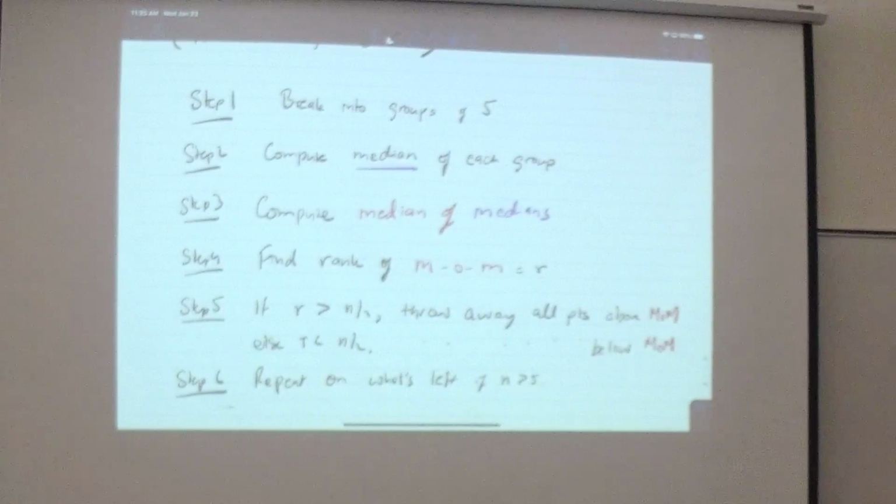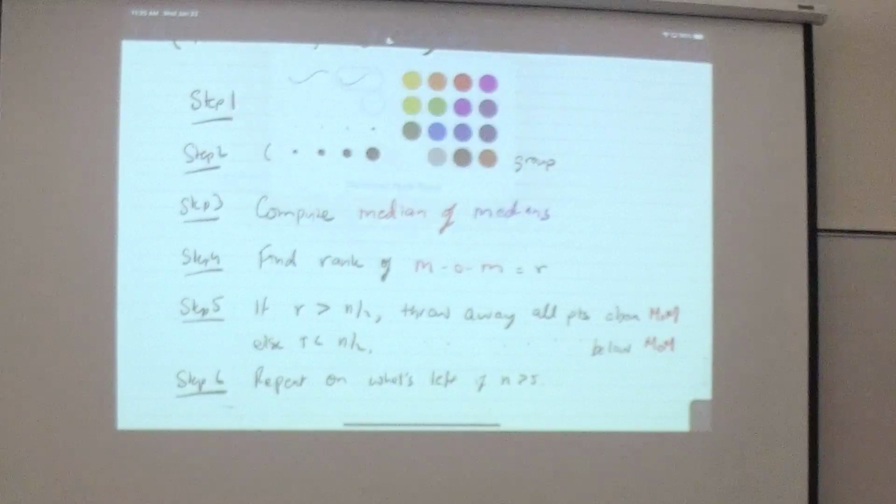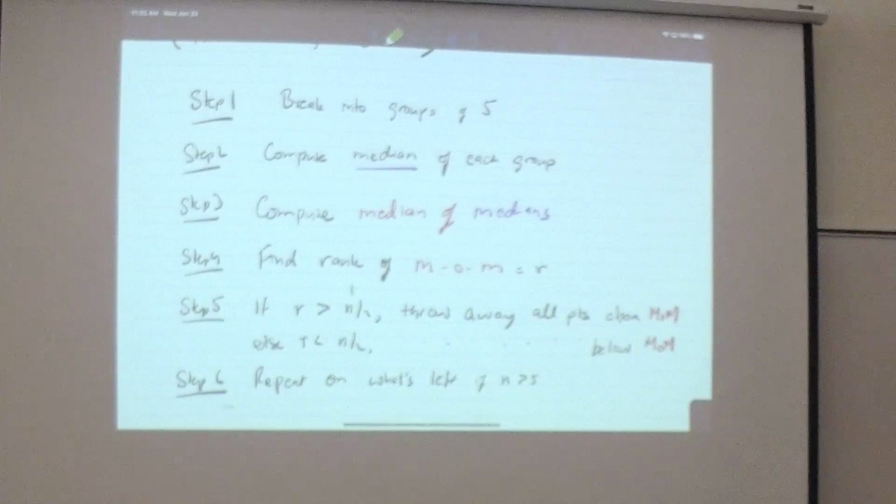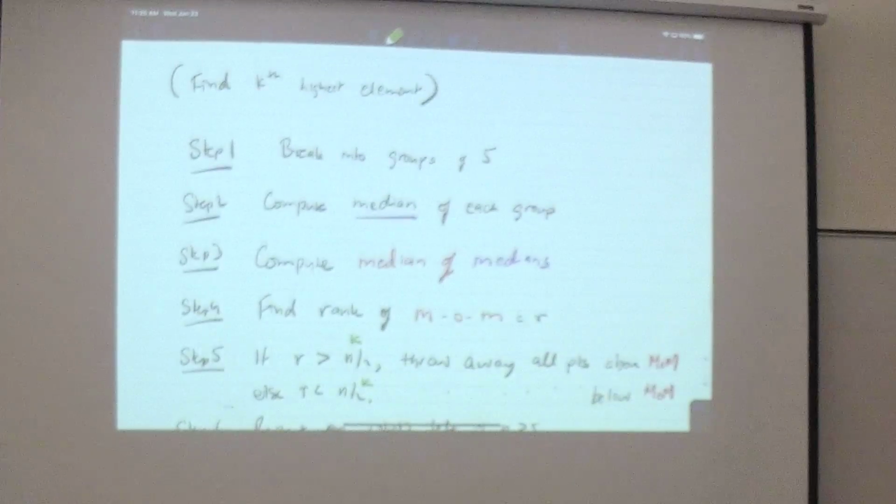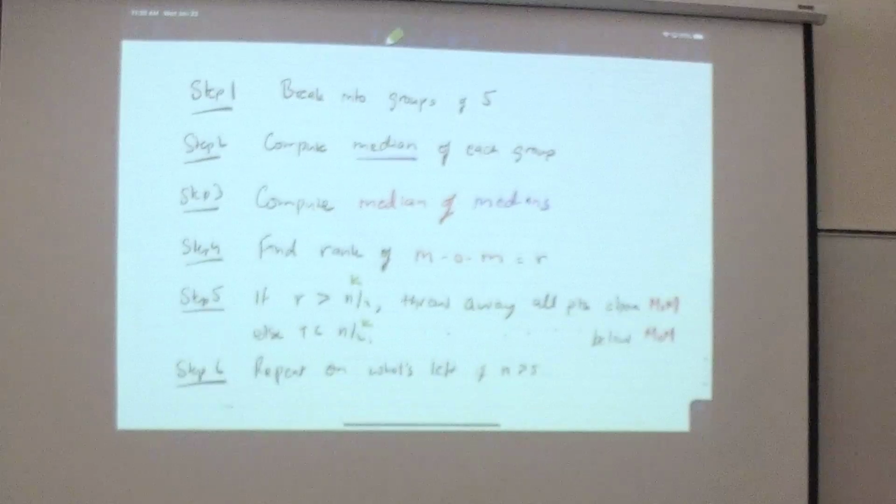If it's less than k, I throw away the stuff below. So I'm going to replace n over 2 for the median by k. Repeat on what's left, and then since you're calling this recursively, you have to pass a value for k. In this case, sorry, maybe I should write this differently.